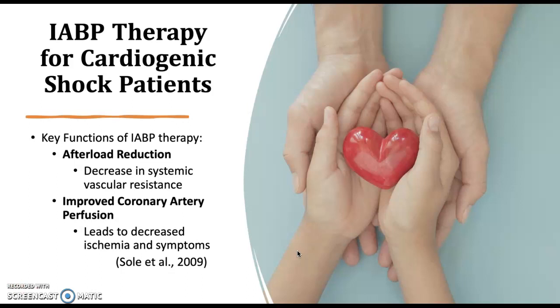The main 2 takeaways for utilizing the balloon pump therapy are to allow for afterload reduction, so basically a decrease in systemic vascular resistance, and also to improve coronary artery perfusion, which leads to a decrease in ischemia and other symptoms, so it can help to relieve chest pain and ST segment elevation.